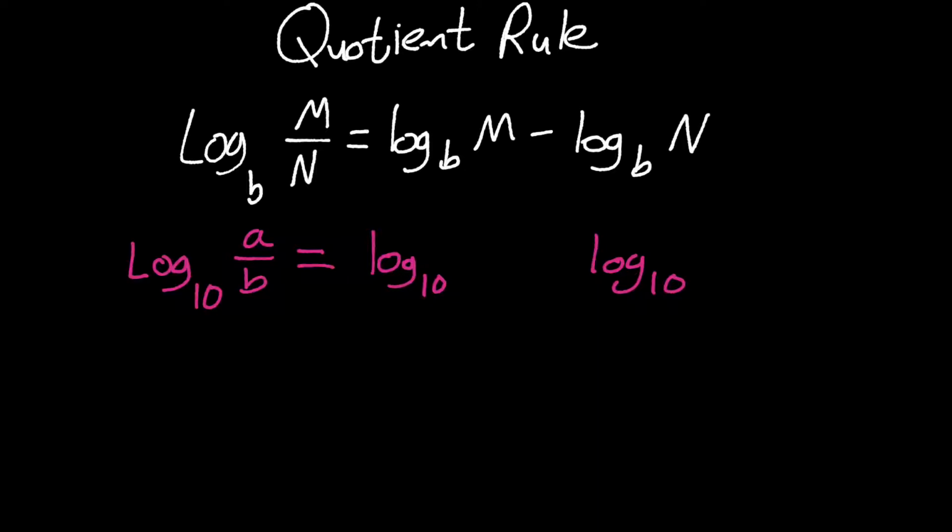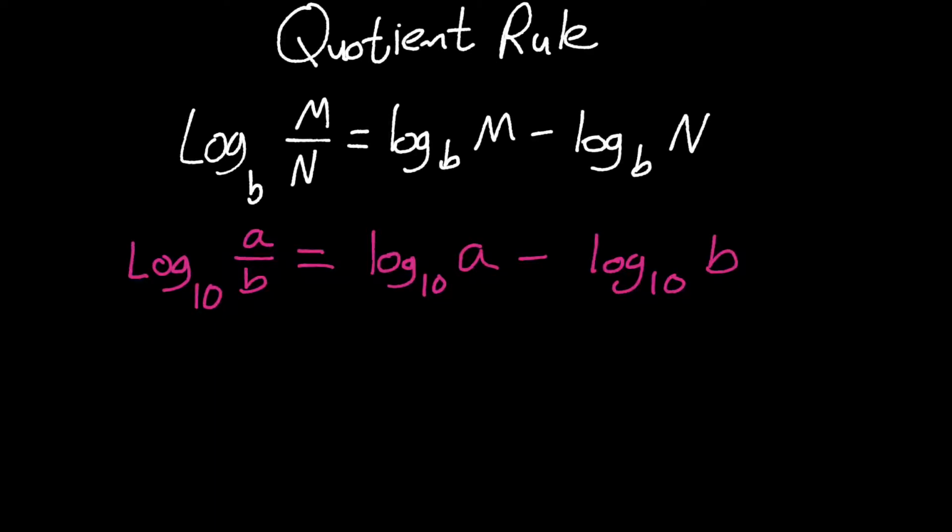So both are going to have base 10, but one's going to be log of a, the numerator, subtracting the denominator, b. So it's the top minus the bottom, not the bottom minus the top. And there we go, we've just expanded it. The bases have to stay the same, and we're subtracting the numerator, then the denominator.